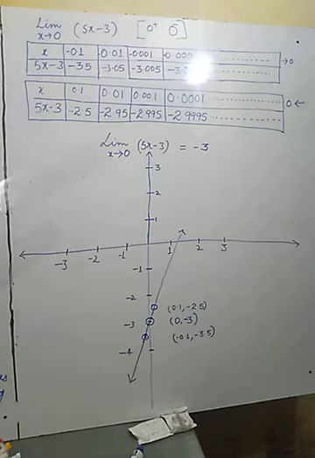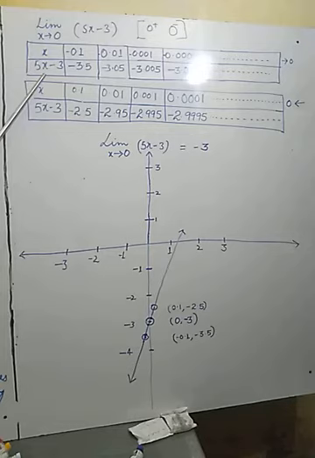So we have to locate the value of x and the value of f(x). You know, two types of values are there, different values of x and different values of this function. So one will be represented on the x-axis, and the value of the function will be represented on the y-axis.